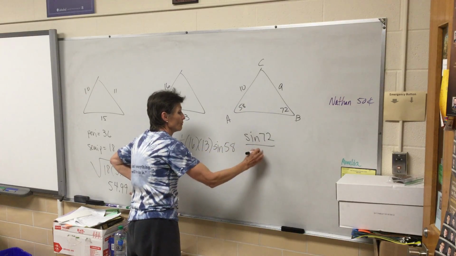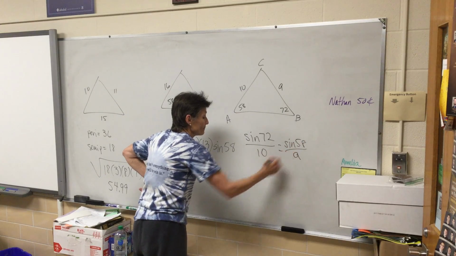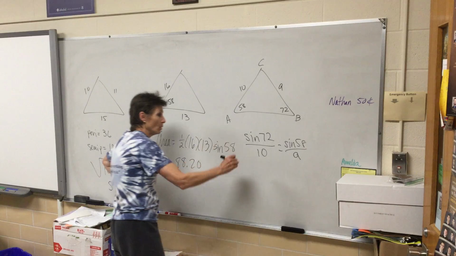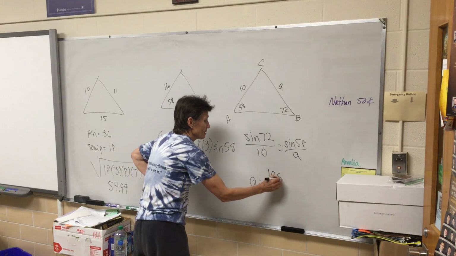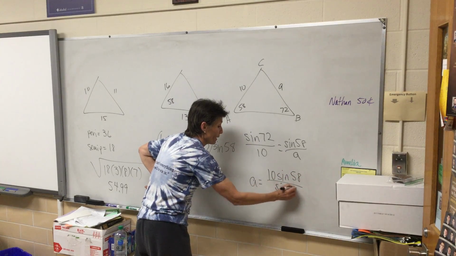Sine 72 over 10 equals sine 58 over A. And then I will cross multiply and divide in either one step or two, whatever I'm comfortable with.